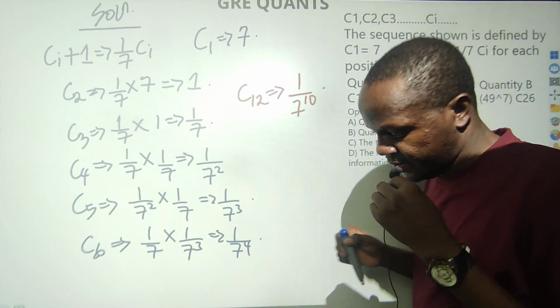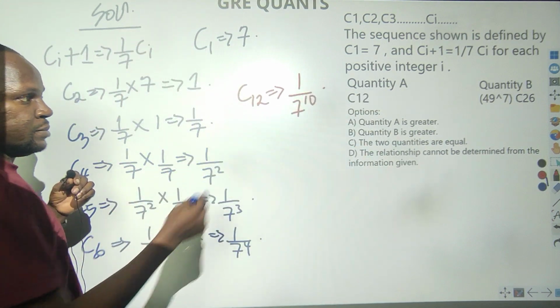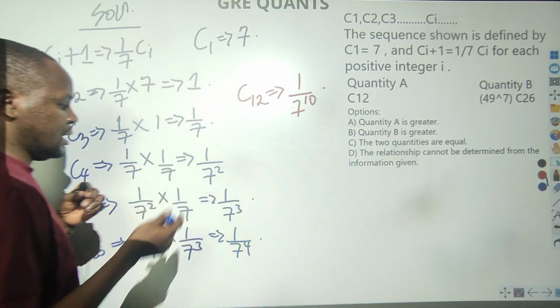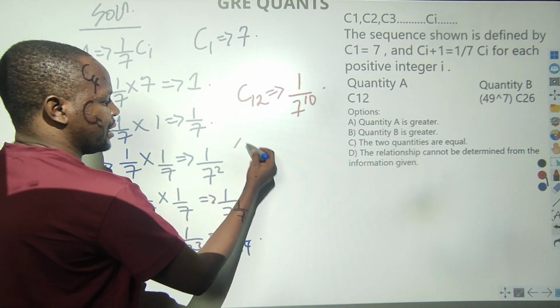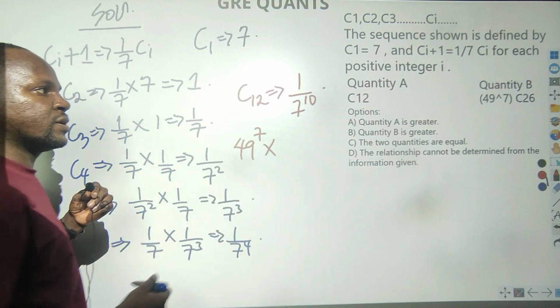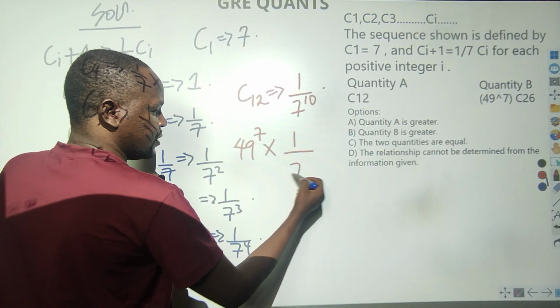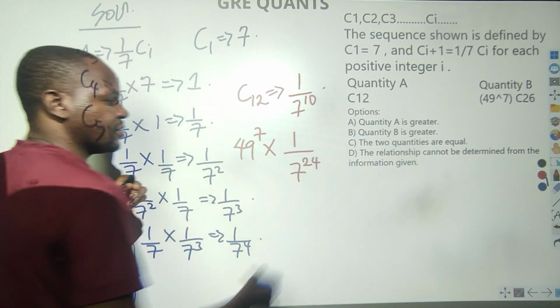Now let's do the other one at the side. Let me move here. Now doing this one, the one there, quantity B. Now look at quantity B. We have 49 raised to power 7 times C26. How we know that C26 is 1 over 7 raised to power 24. I hope this is taken.